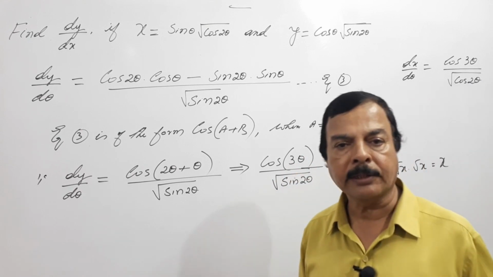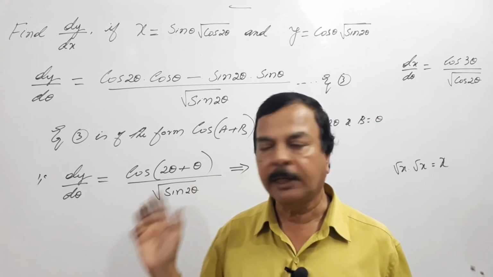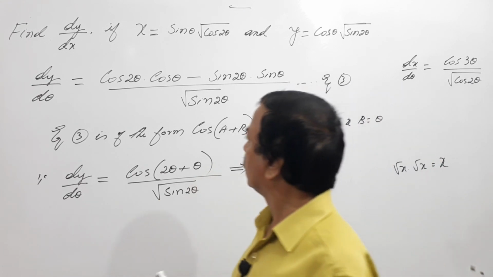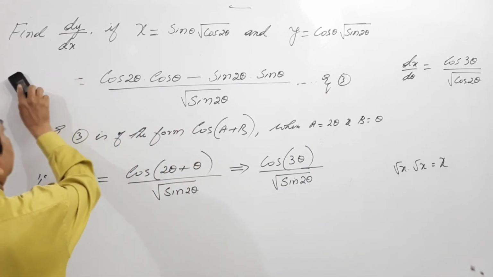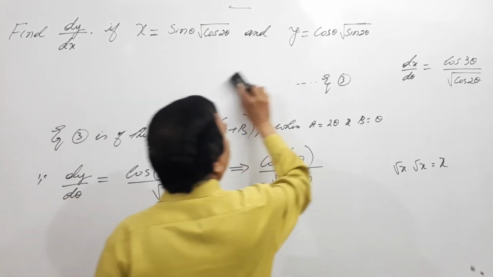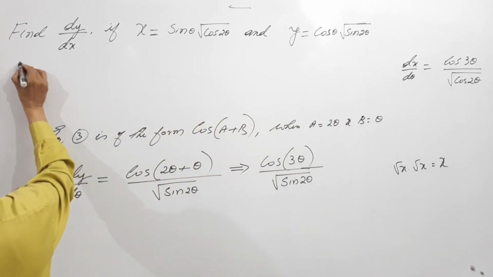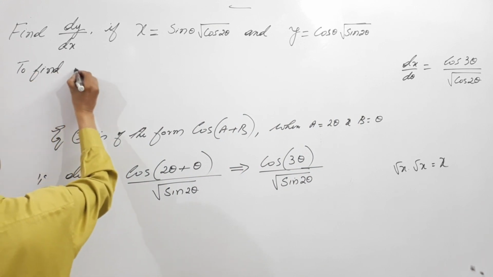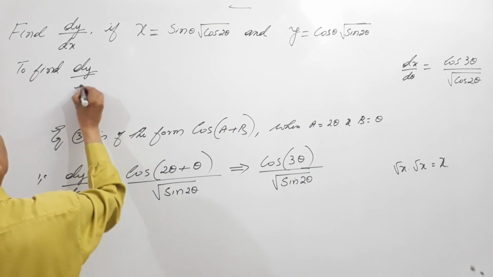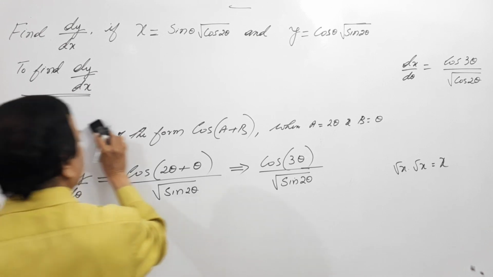So what is dy by dx? That is dy by d theta divided by dx by d theta, that is by chain rule. So I'll rub this. To find dy by dx, I rub this.